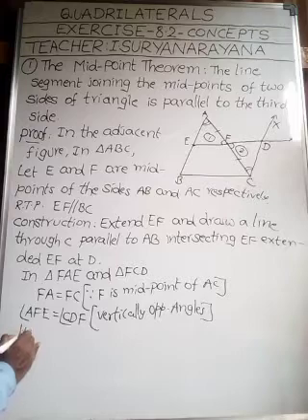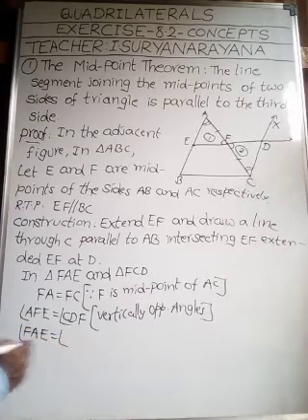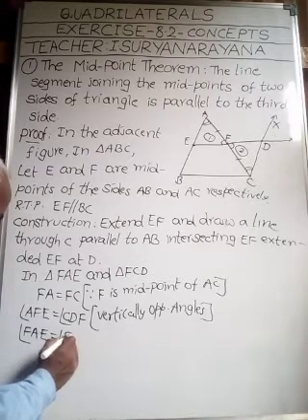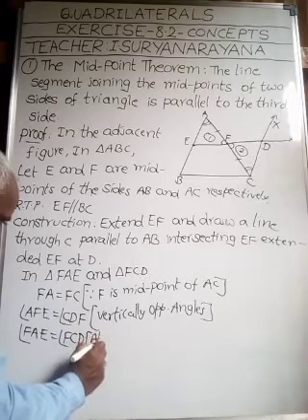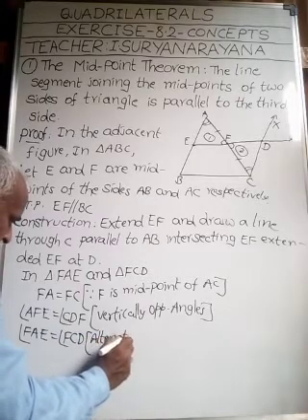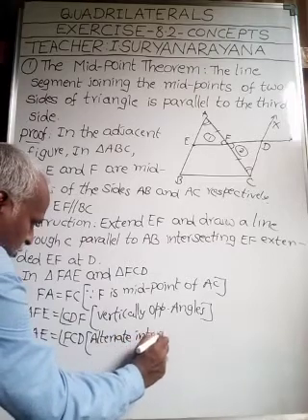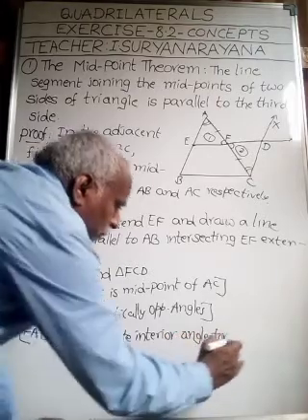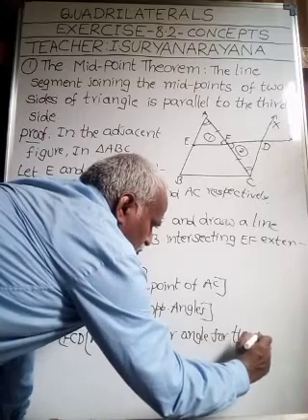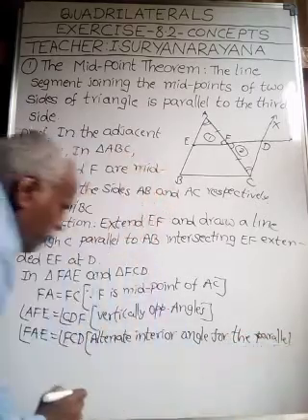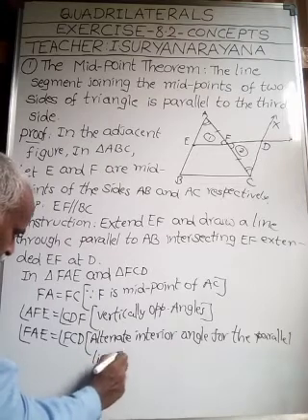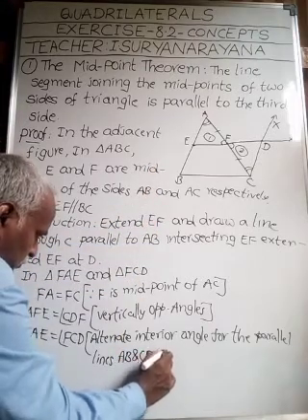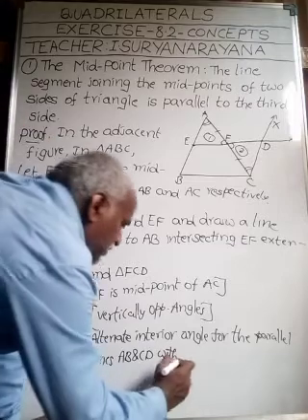Angle FAE is equal to angle FCD, alternate interior angles, for the parallel lines AB and CD with AC as transversal.